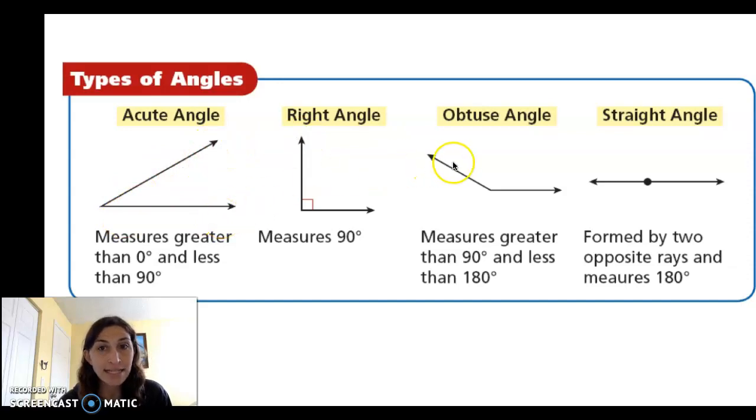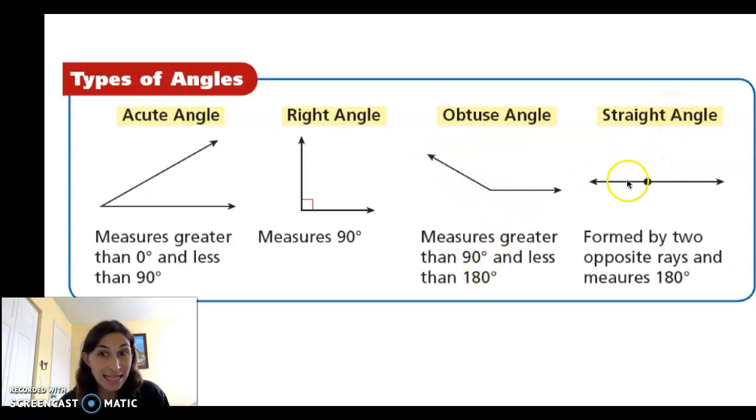Another type of angle is an obtuse angle over here, which is larger than 90 degrees. So you can see here, here's your right angle, which is 90 degrees. When the angle is smaller, right there, you can see it's less than 90, which is an acute. And if it's larger than 90, you can see it's an obtuse. Right here, a straight angle.